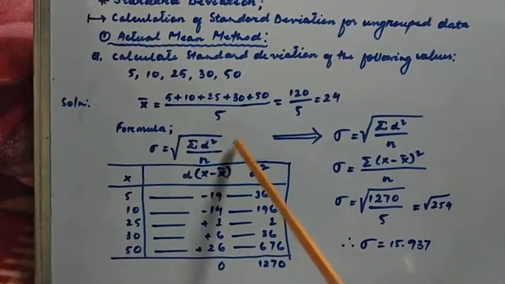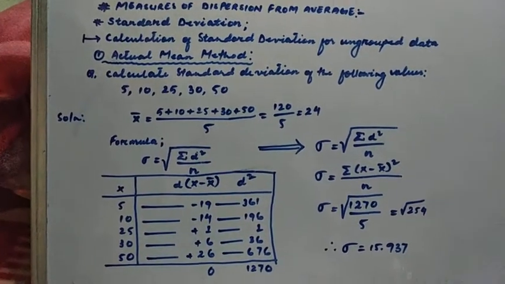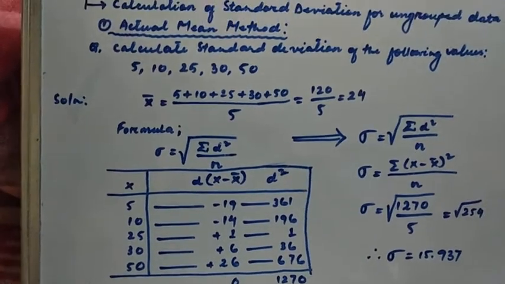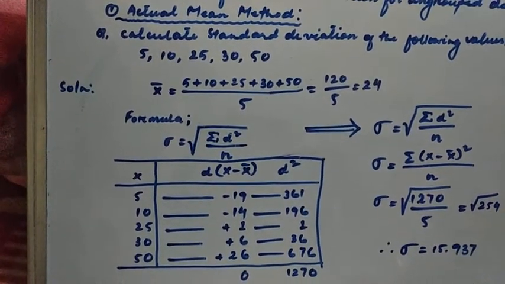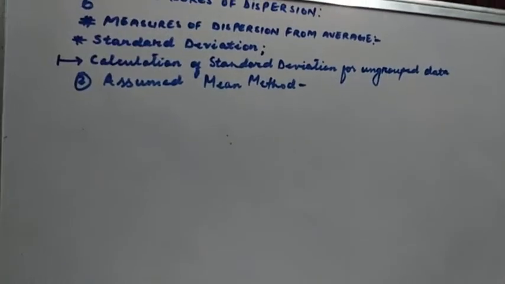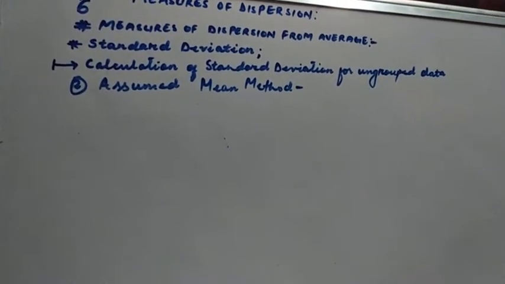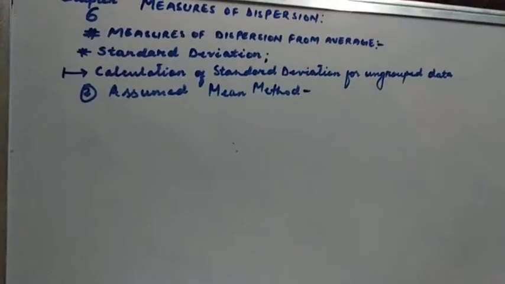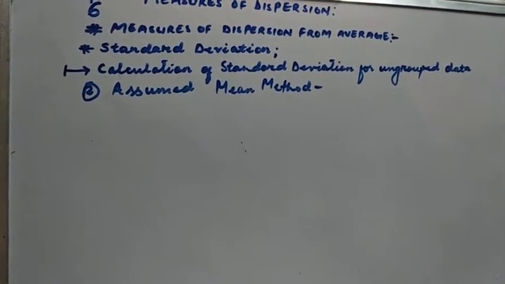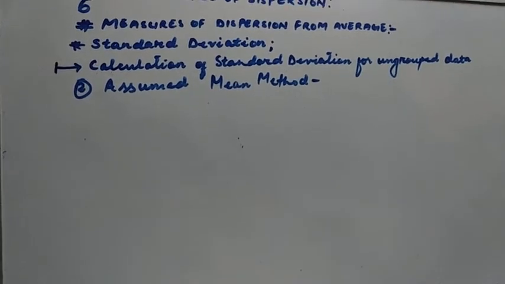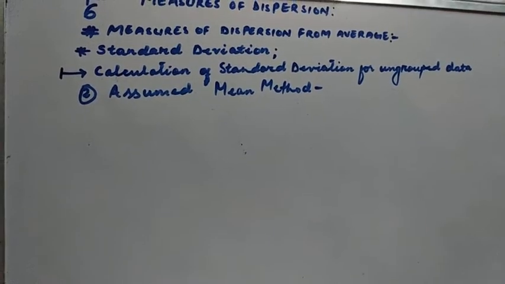So that is how you calculate the standard deviation under the actual mean method. The formula is this one. Second, let us calculate standard deviation under the assumed mean method for ungrouped data. We will use the same values that we used for the actual mean method.